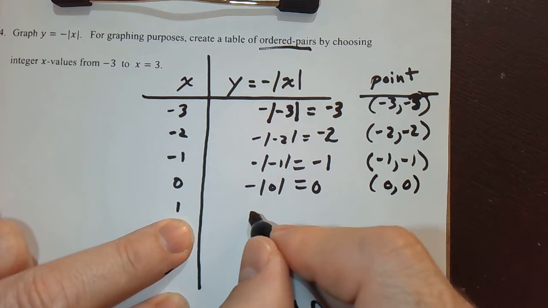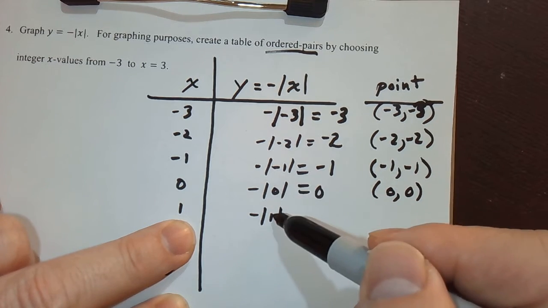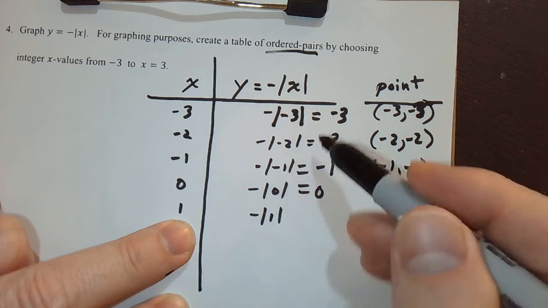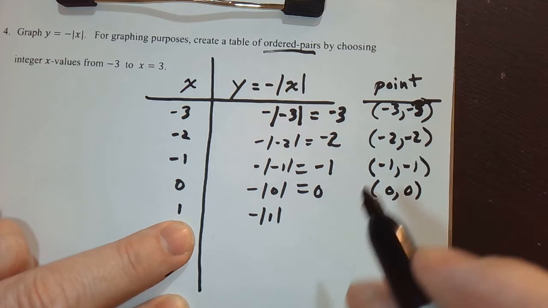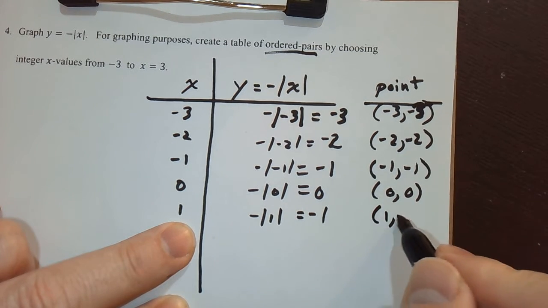1 is going to be what? Well, that's going to be the same as when we plugged in a -1, because if you plug in a 1 or -1 into absolute value, you get the same value back. It's a +1. And then you have a negative sign in front of the absolute value, so that's going to give us a -1. So 1, -1.